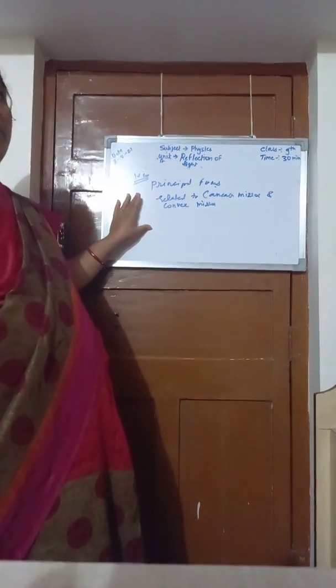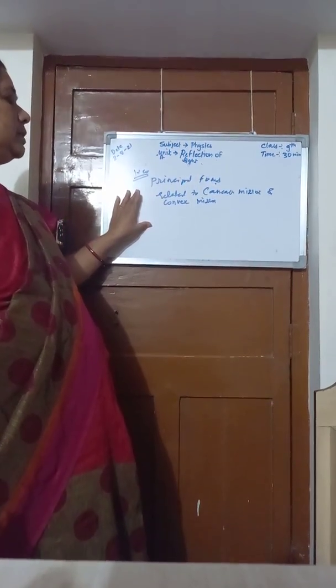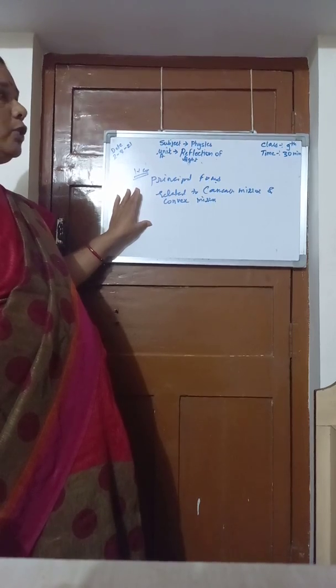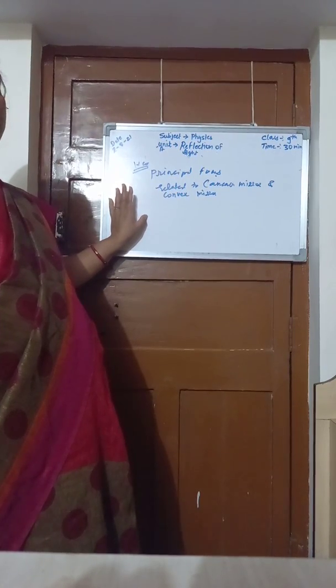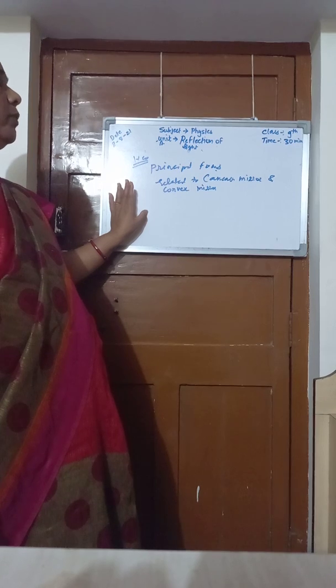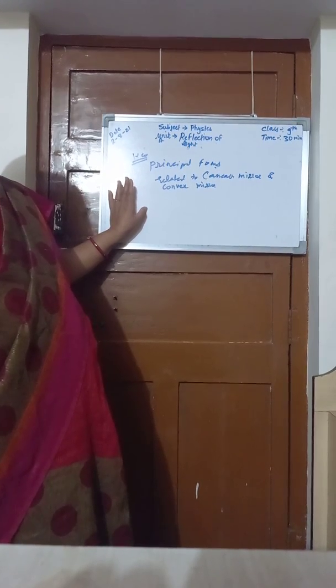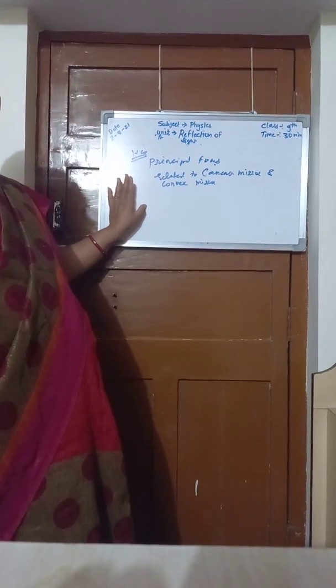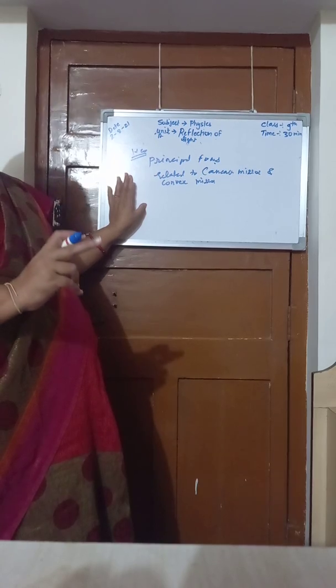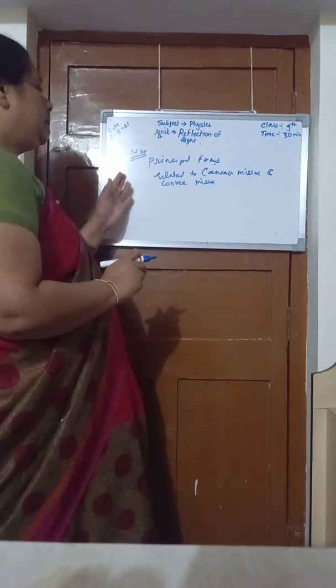Then what was the next? The three rules related to the spherical mirror. Who will tell me the definition of focal length? Focal length is the distance between the pole and the principal focus.